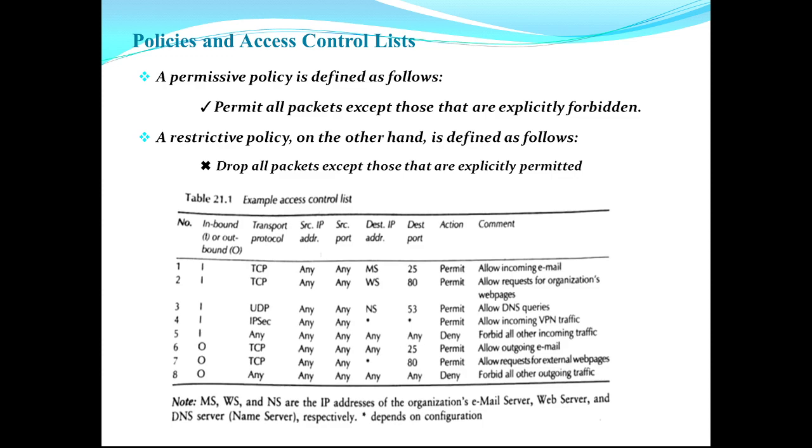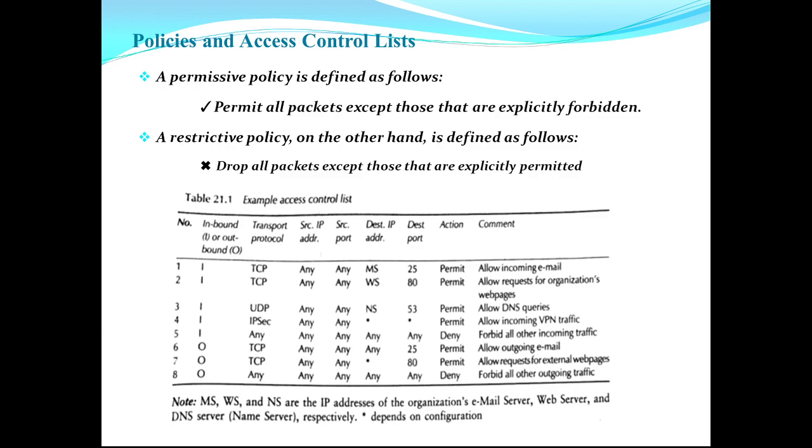Now if you see this table, an example of an access control list, the first column is nothing but numbers, then we have inbound or outbound, meaning whether it is incoming traffic or outgoing traffic. Incoming means traffic is coming inside, represented by I. O is outgoing traffic.